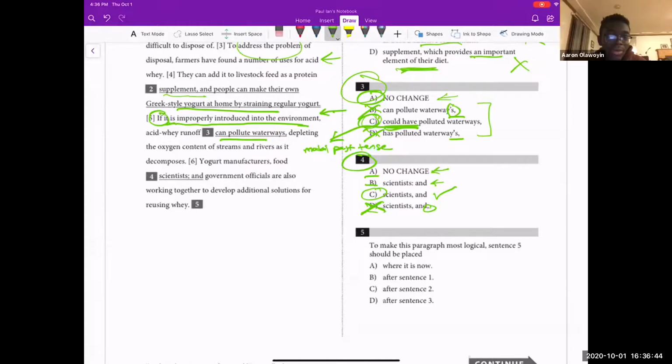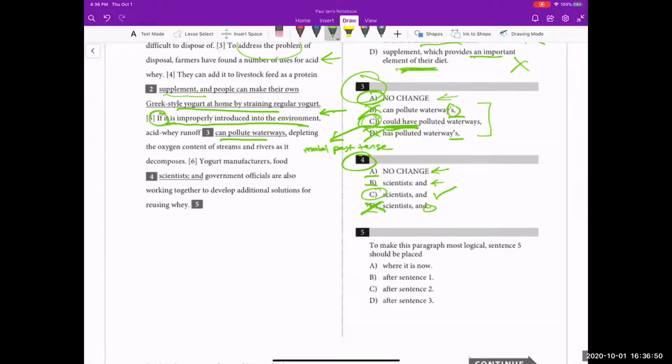For a semicolon, I think you have to have an independent clause before it. So when you read it, yogurt manufacturers, food scientists, that right there is independent. And after it, government are also working together to develop additional solutions.